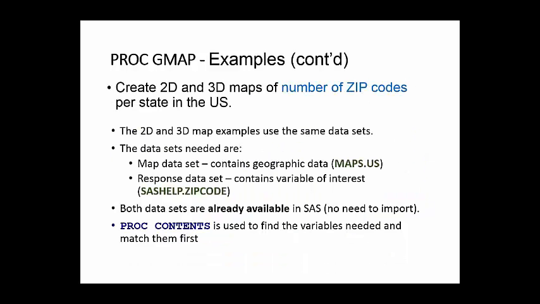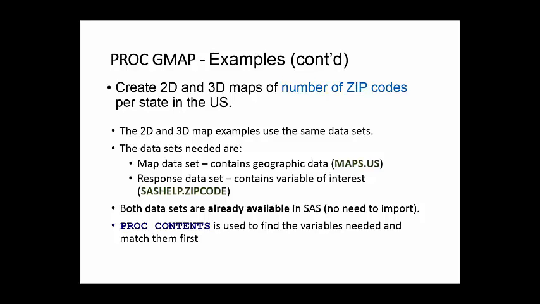For this example, the 2D map and the 3D map use the same datasets. As the geographic level is state, we can use the map dataset SAS provides. The 2 datasets we are using here are maps.us and sashelp.zipcode.